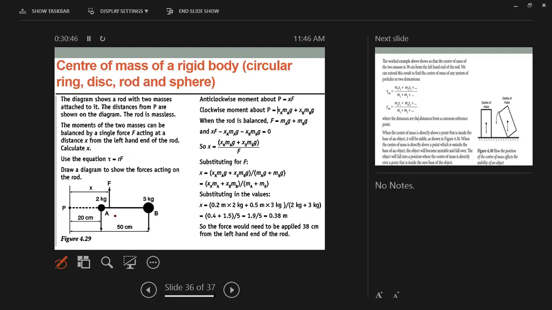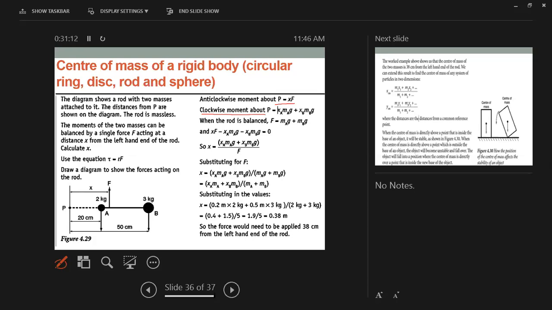Okay, so let's first find the anti-clockwise moment. We are going to use here P equal x times F. X is this distance from P to F. Okay. So let's find the clockwise moment. Clockwise moment means we are going to use A and B over here, as you see.